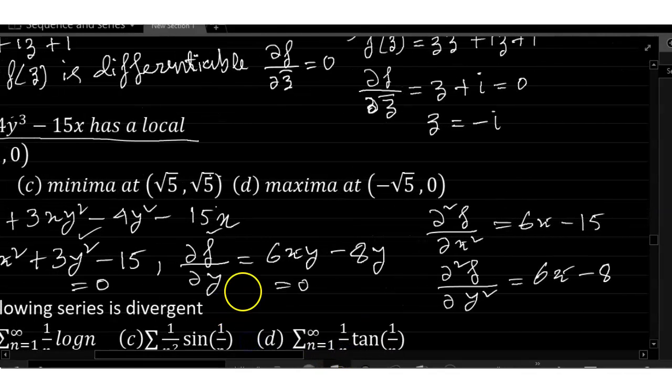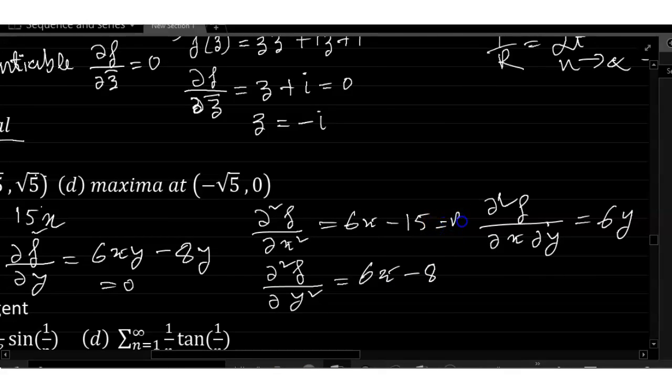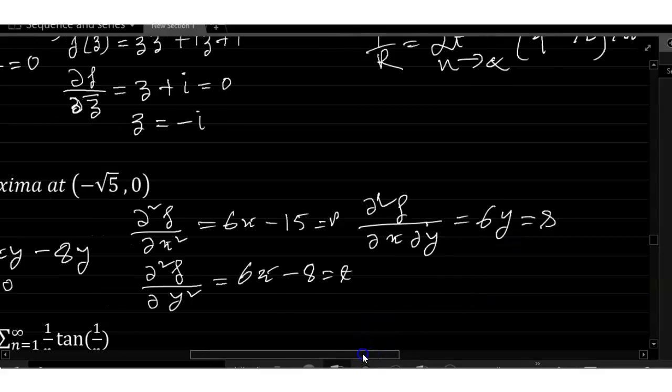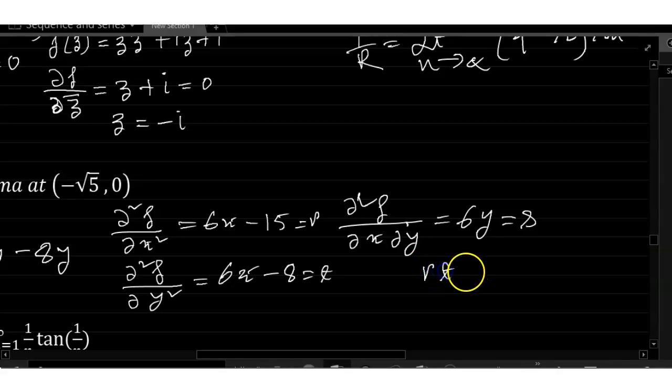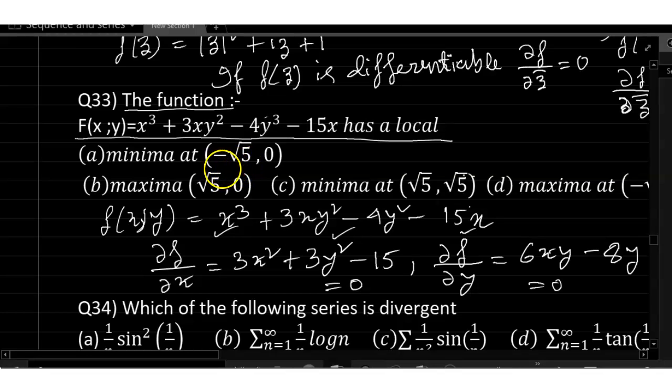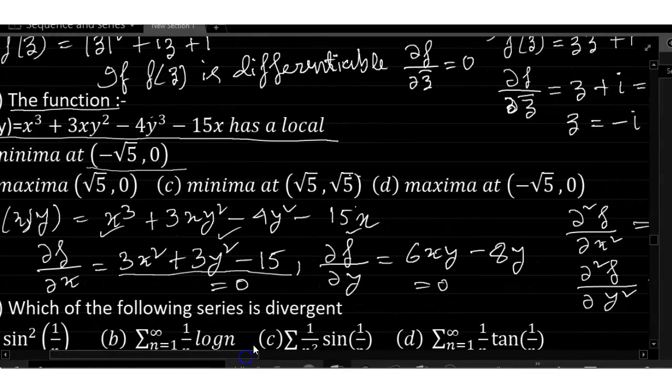So friends, this is my r, this is my t value, and this is equal to s. So rt minus s square. I have to check which value satisfies these equations. Now the first value satisfies this condition, and the other value does not satisfy this condition, because if I put this, then it is 6 root 5 and after that it is 0.